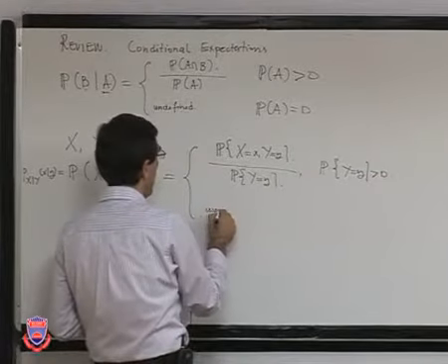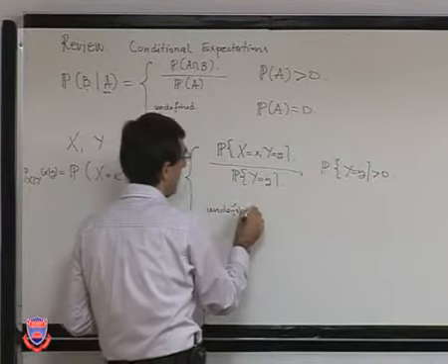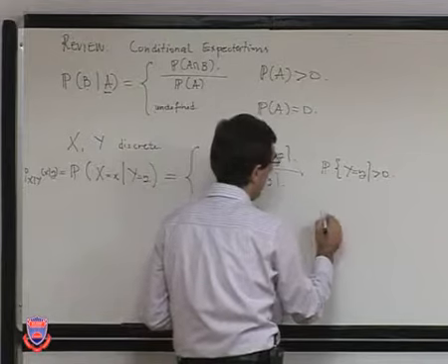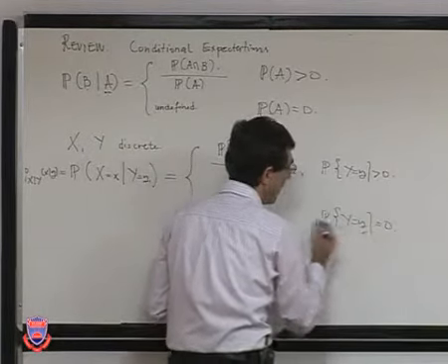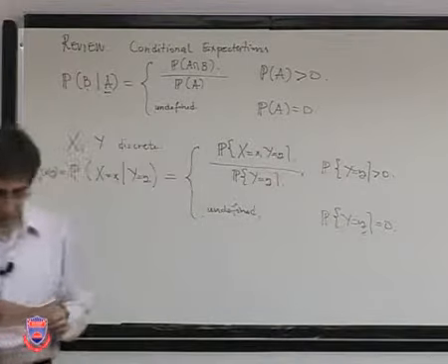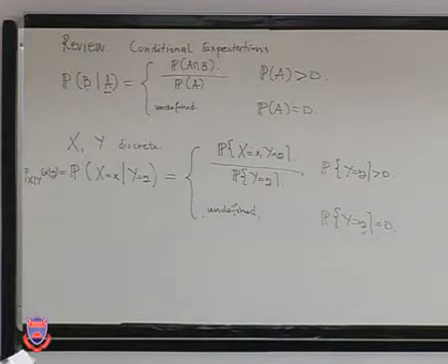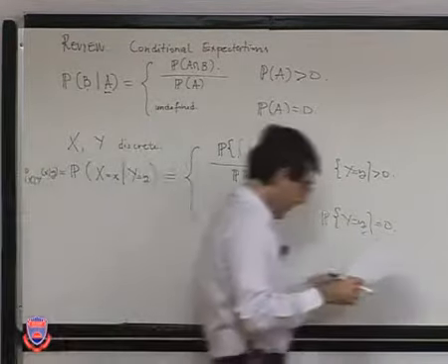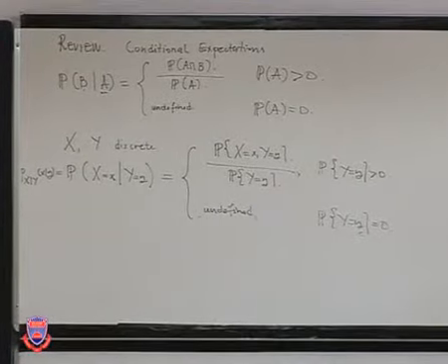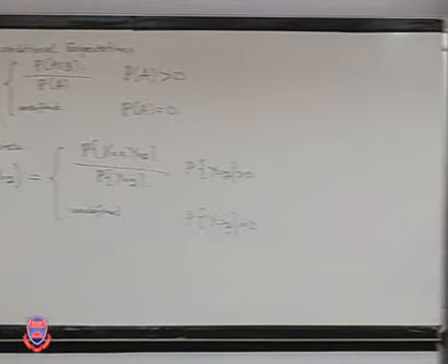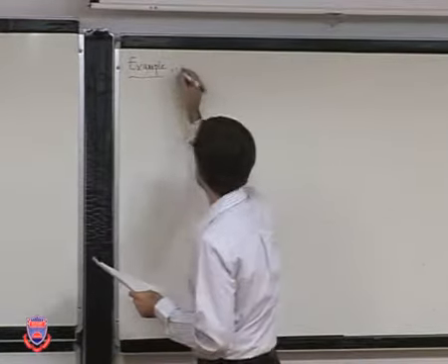And we just leave it as undefined otherwise, namely, if y cannot take value little y with some positive probability. And let's look at an example where we can, first of all, see how the conditional expectations arise, and then use the basic definitions to solve some interesting problems.